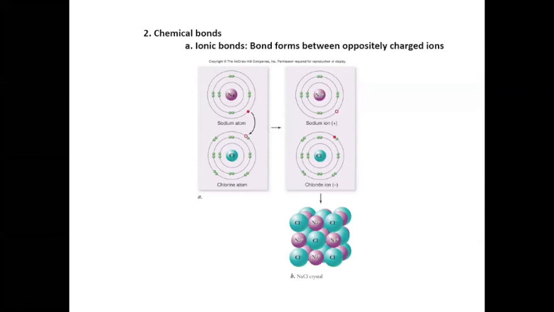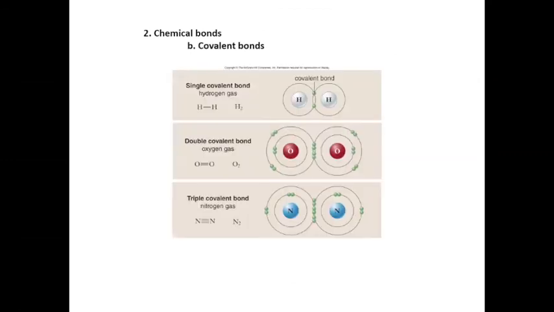Positive and negatives. So if you put sodium in the presence of chlorine, boom! Electrons get stripped off of sodium and bind to chlorine, immediately forming sodium cations and chloride anions, and then you get salt. Just happens. All right. That's the first one.